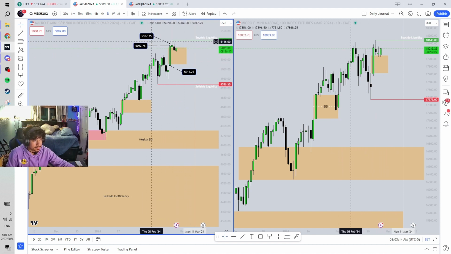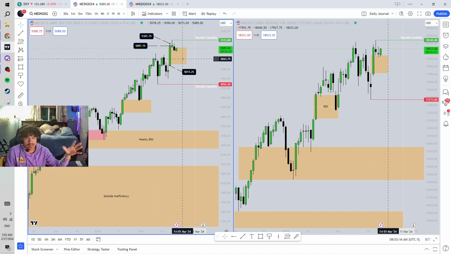And the whole thing with the markets and trading is you're going to be placing your money on the direction you think price is going to go. And price only goes one of two ways, up or down.